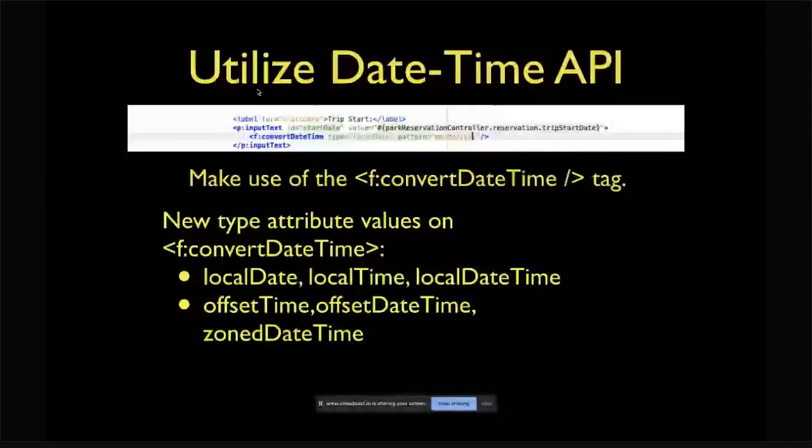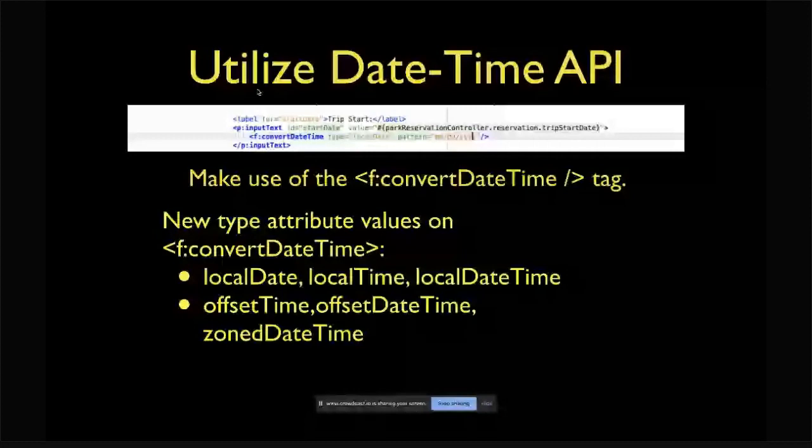Just to show you real quickly, one of the great new features of JSF 2.3 was the ability to provide date time support. So now, instead of using regular Java date, you can use LocalDate or LocalDateTime.